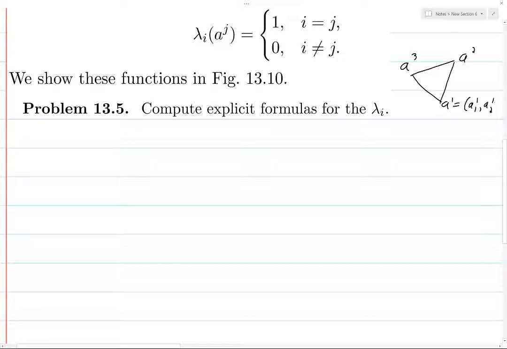So the subscripts down here, this 1 and this 2, that's the x and y coordinate of this vertex of the triangle. And the superscripts tell you which vertex you're looking at: the first vertex, second, or third.